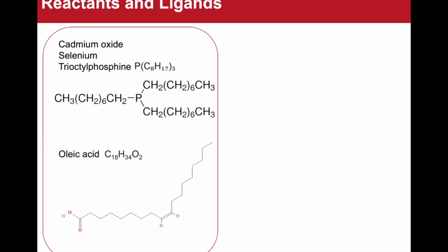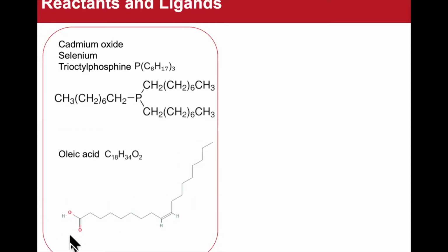Okay. So for the two material systems, there will be a variety of reactants and ligands. For cadmium selenide synthesis, the precursors will be cadmium oxide and selenium in a solution of trioctylphosphine, you see here. And then the capping agent will be oleic acid. So this is a long chain made up of hydrocarbons.